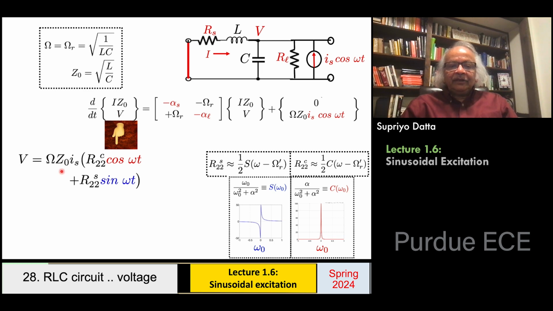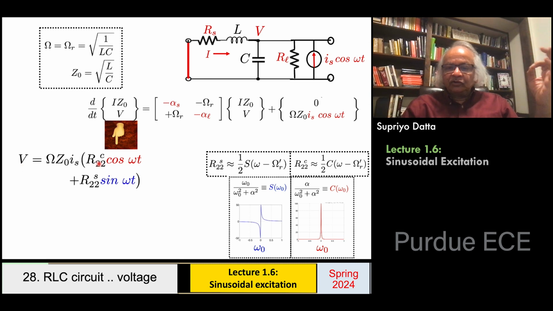So we need to look at this R22, and Z0 is just this amplitude here. So you put that in here, and then immediately we have the voltage.